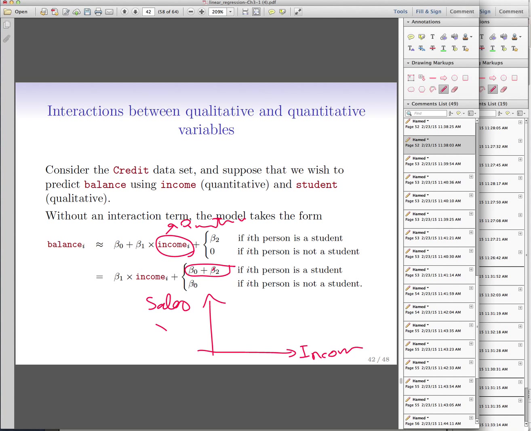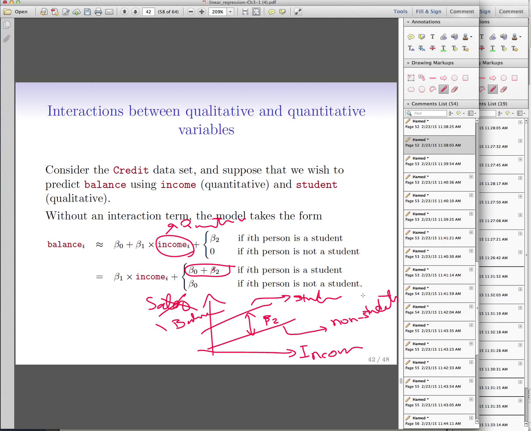You basically have beta 0 plus beta 1 income. So that is how your regression lines would look like. And the difference of the two would be beta 2. So let's say beta 2 was positive. So that would be the regression line you get for income level for students. So sorry, that wasn't sales, that was balance. And this is the regression line you get for non-students.